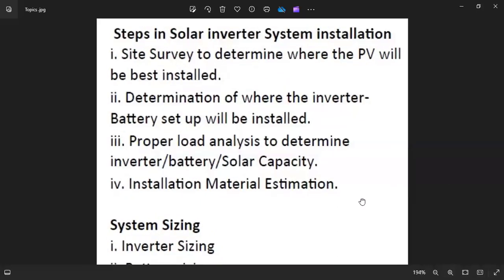Yes, it's visible. If you look at it, we'll be talking about steps in solar system installation. We'll be talking about the site survey to determine where the PV will be best installed.